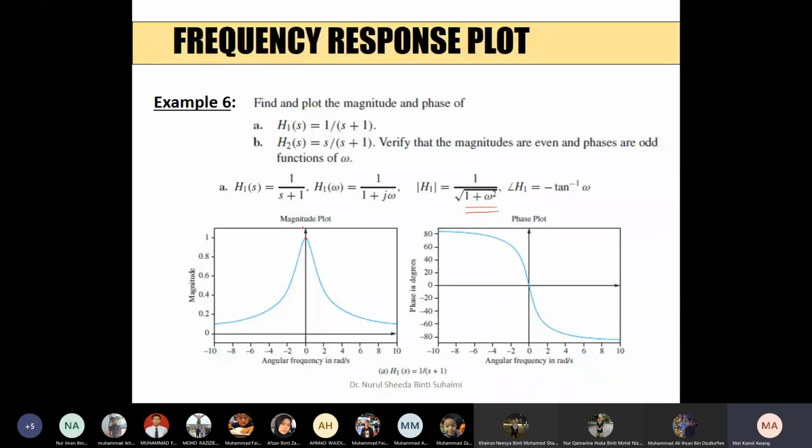Then after that, when omega increases, the denominator increases, so the magnitude of H1 is decreasing. So basically it starts to go down, and on the other side it also goes down. So it's something like this. So you can do the plot.